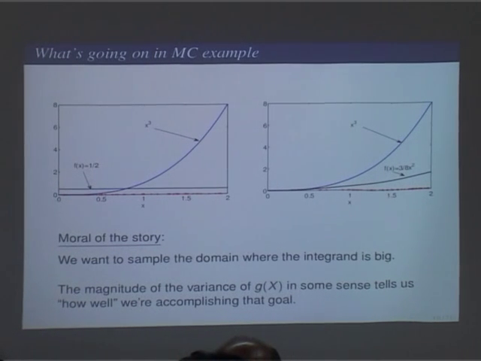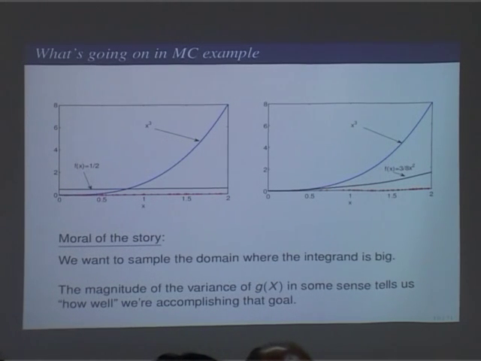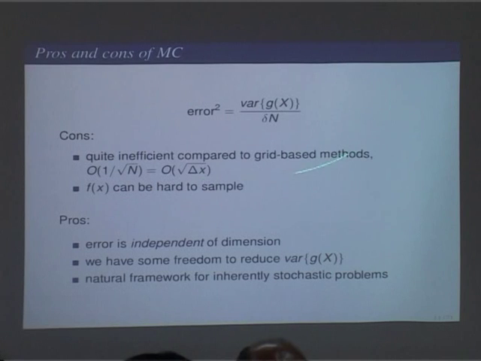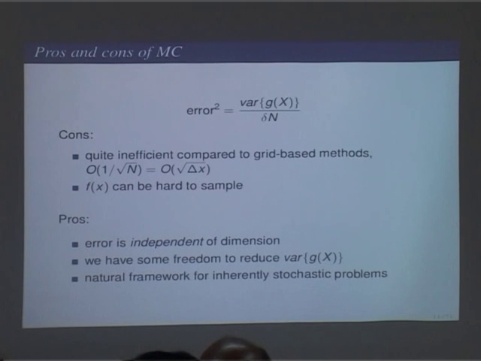This is the motivation for why you'd want to pick an importance distribution. Calculating these variances tells us how good we're doing, how much we're improving. Again, our error between our estimator and the integral we want to calculate is just this.